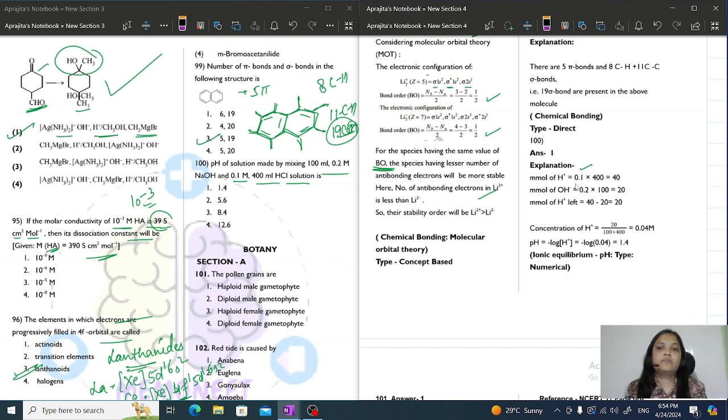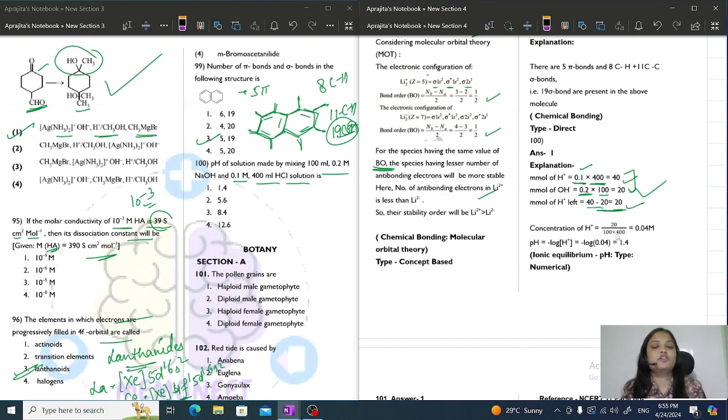The number of millimoles of H plus ions is 0.1 molarity into volume, which comes out to be 40. For hydroxide ions, 0.2 into 100, it's 20. So neutralization takes place. How many hydrogen ions are left? 40 minus 20, that is 20.